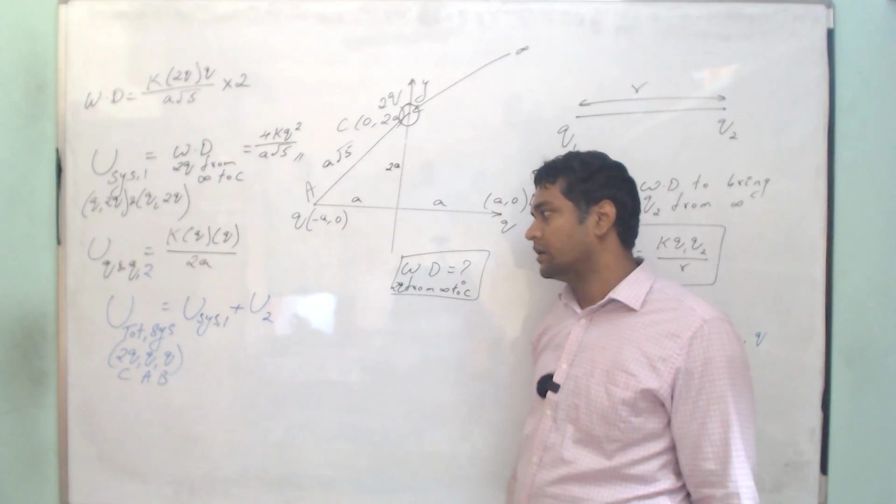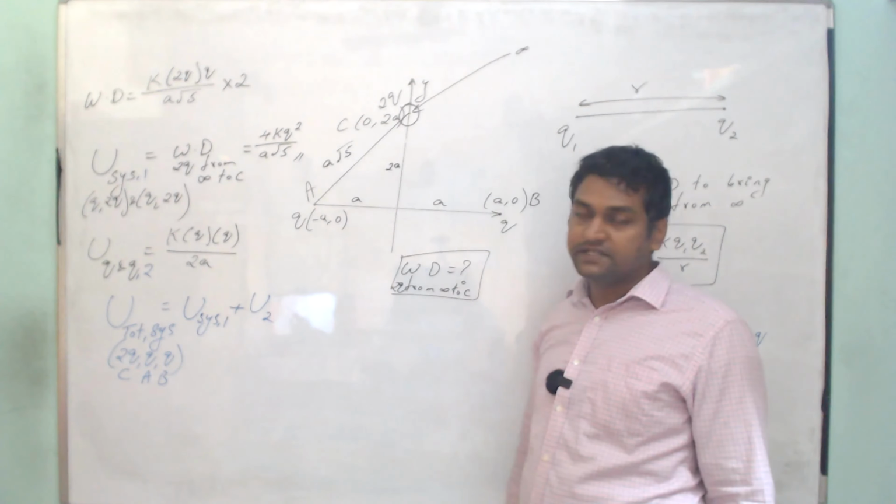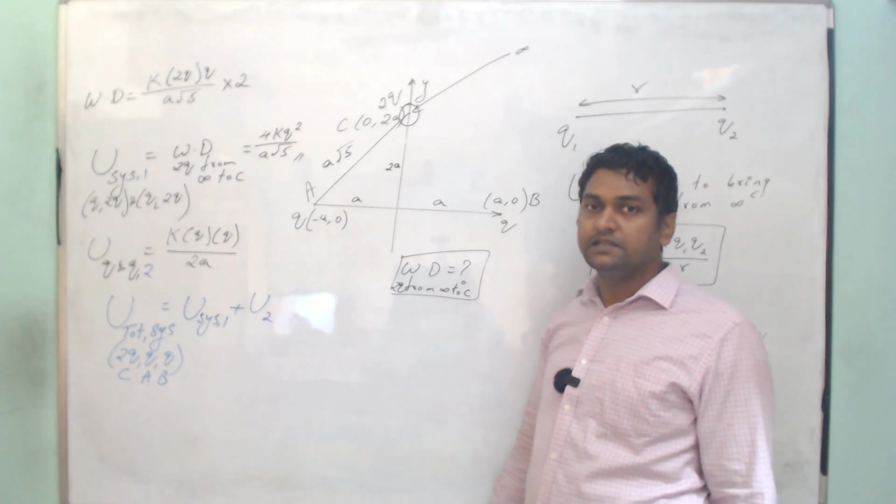Here what I am discussing is that the work done to bring 2q from infinity to this point can be discussed as the potential energy of these 2 point charges and the potential energy of these 2 point charges. Then I extended it further, saying that these 2 point charges will also have their own potential energy, which is this.